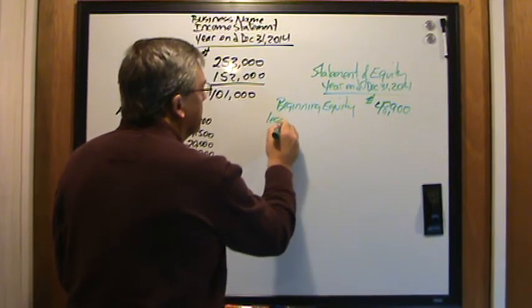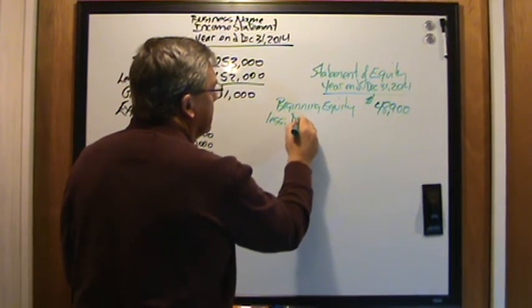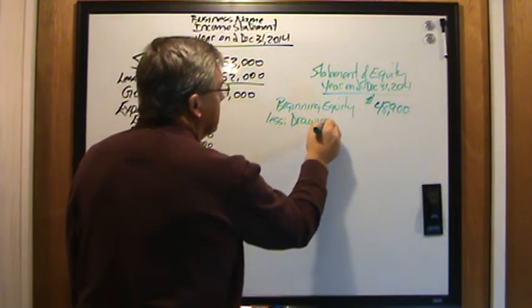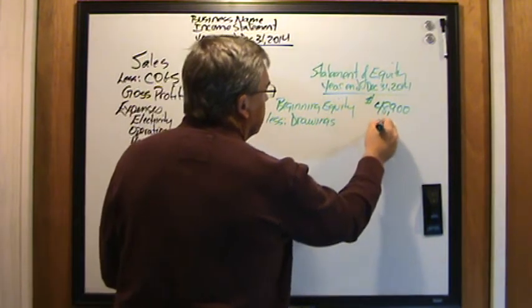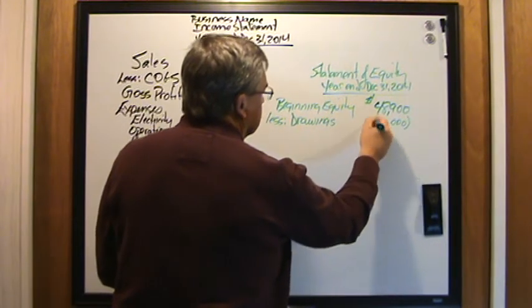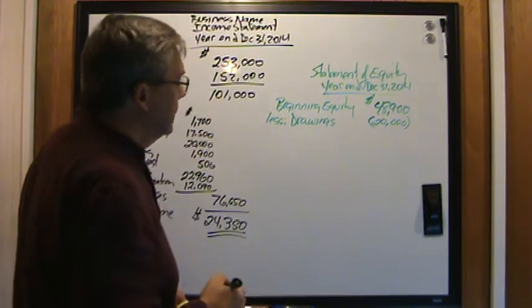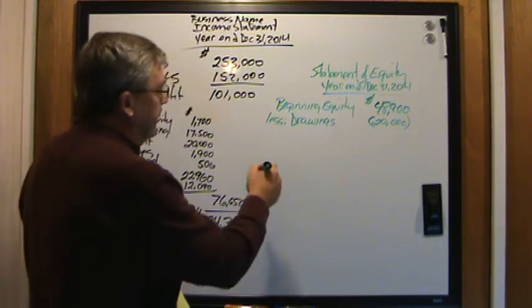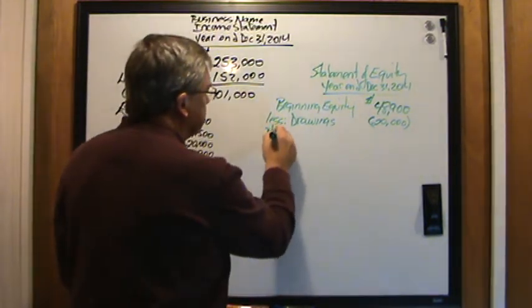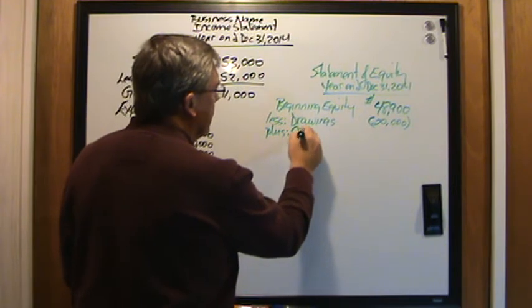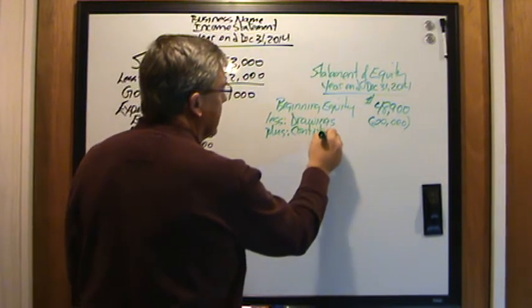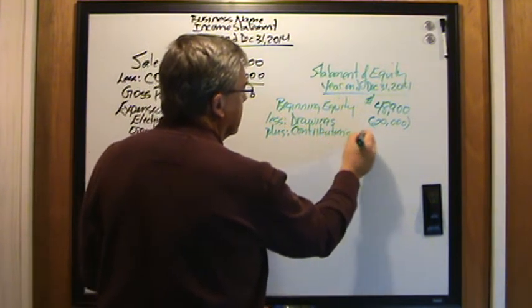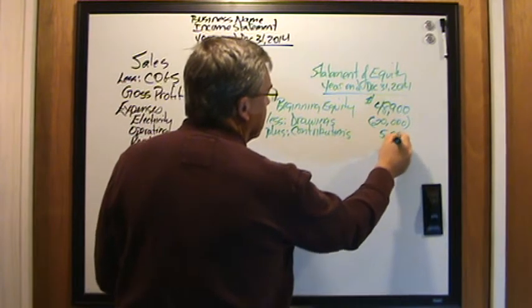Less drawings, which was 20,000. So that reduces equity. Put 5,000 back in contributions. Was 5,000.